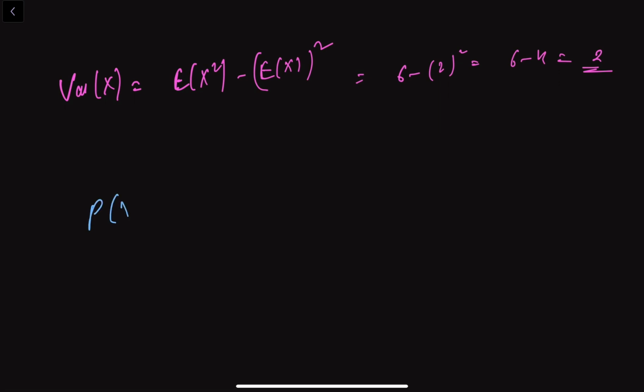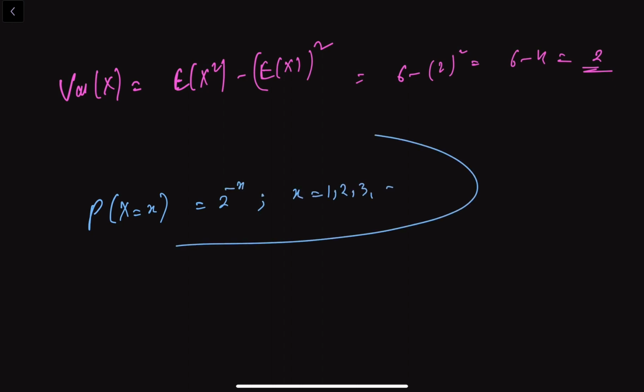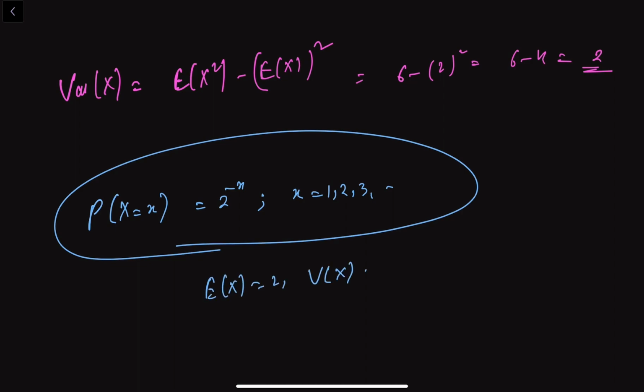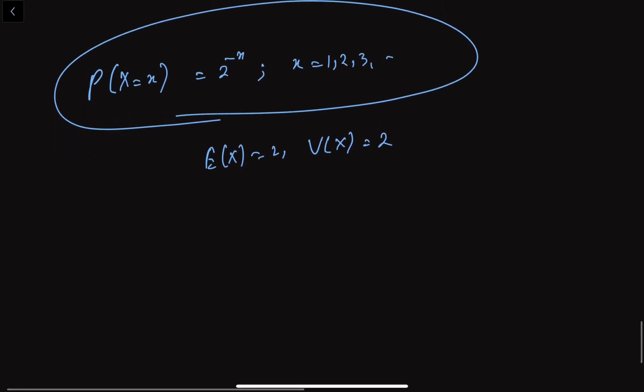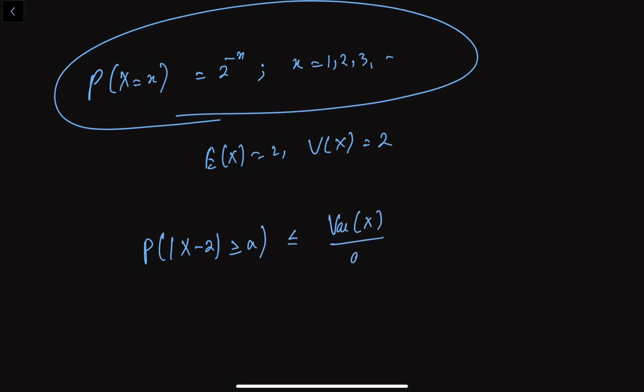Therefore, for probability of x equals 2 to the power minus x, with x going from 1 to infinity, this geometric distribution has expectation of x as 2 and variance of x also 2. Now if we use Chebyshev's inequality, it says probability of mod x minus 2 greater than or equal to a is less than or equal to variance of x by a square.